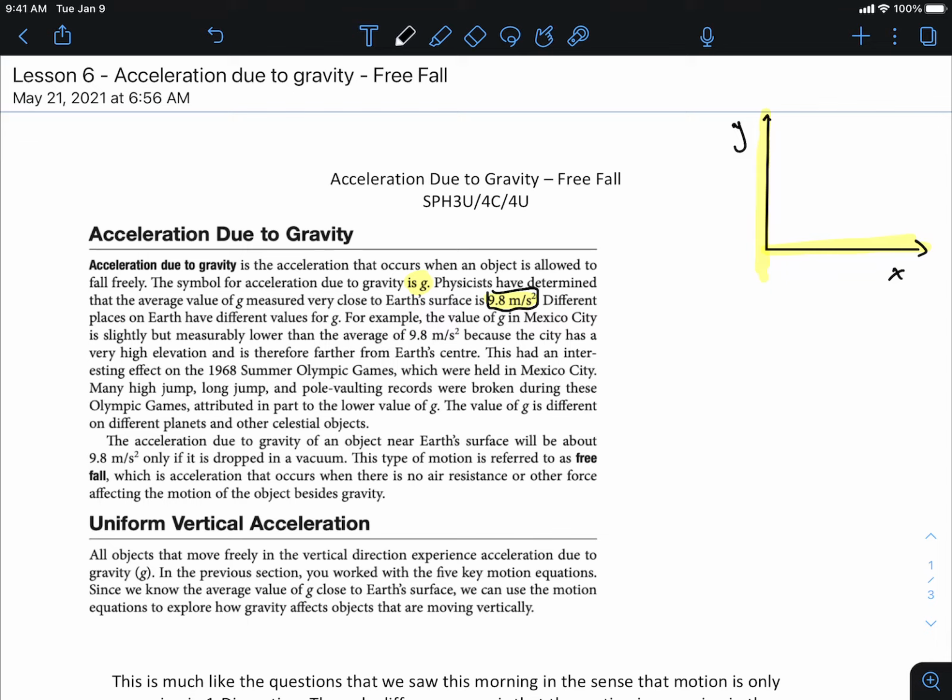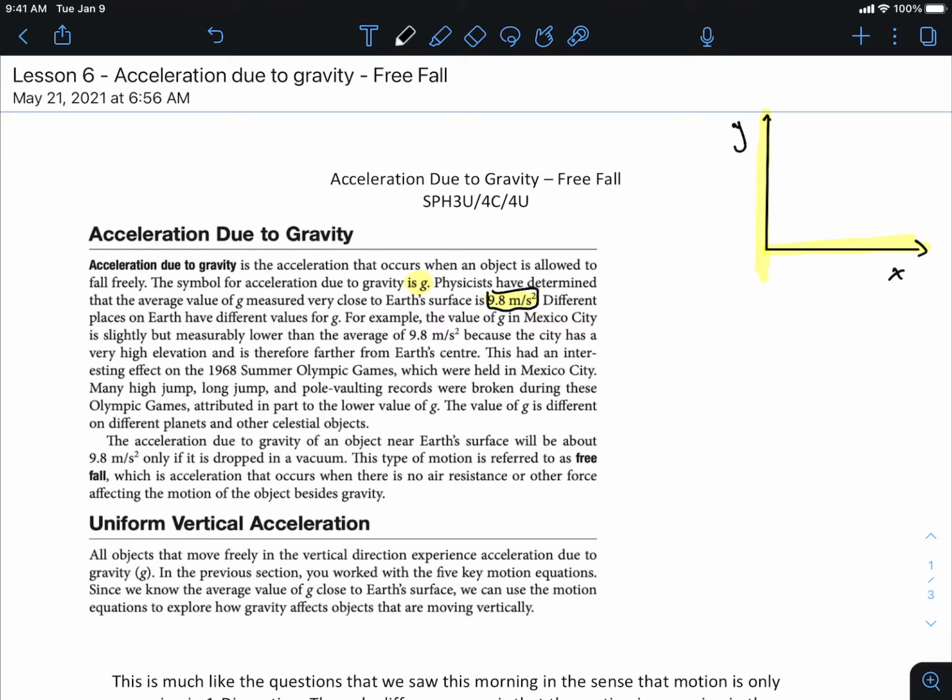But different places on Earth, ironically, have different values for g. Very subtle, but they do. Some of that has to do with the elevation, which we see here. I included this paragraph because I thought this little example was interesting.